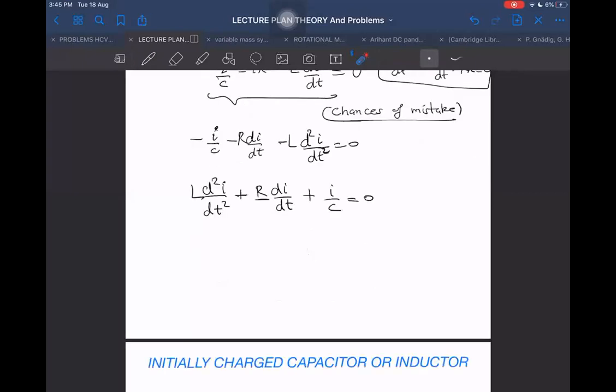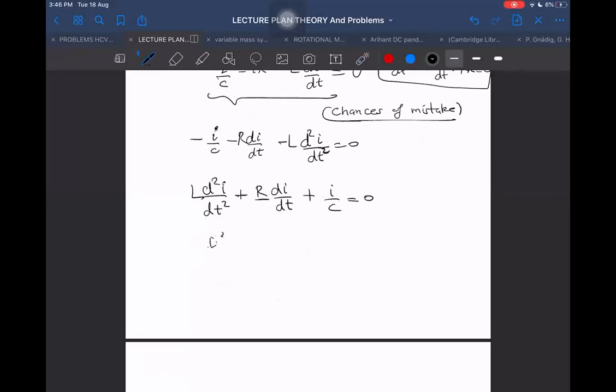Now, how to solve such equations? If you remember, I told you to write it as D square plus R by L into D plus 1 by LC, the whole multiplied by I, is equal to 0.